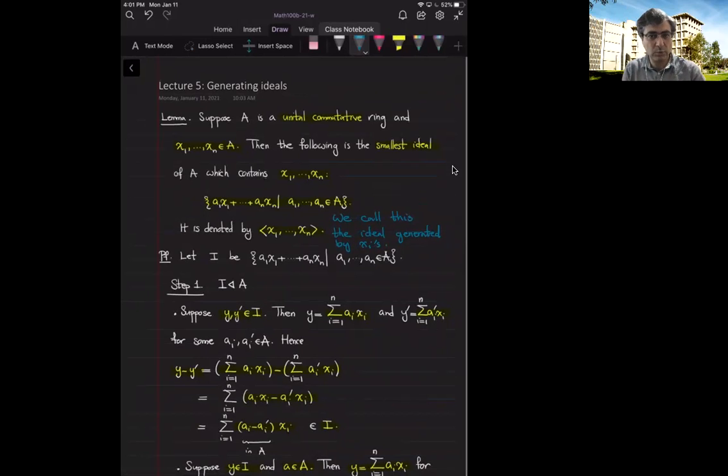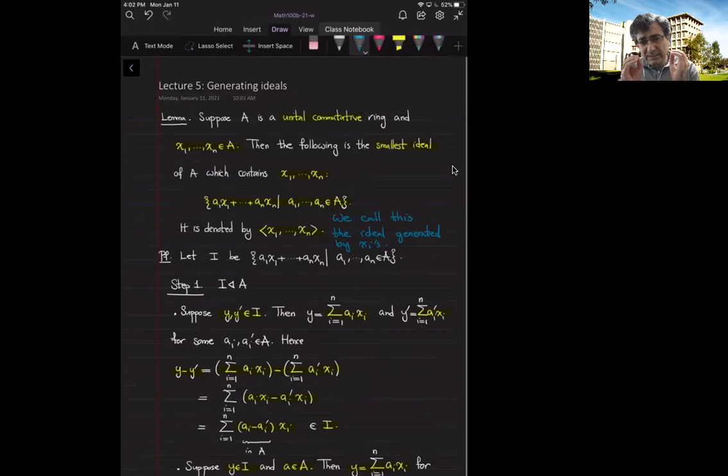I'm going to present it only for unital commutative rings, but you can play with it and try to understand what this ideal is when the ring is not unital or not commutative. But for now, and for the majority of this course, we focus on unital commutative rings. So suppose A is a unital commutative ring, and x1, ..., xn are elements of this ring.